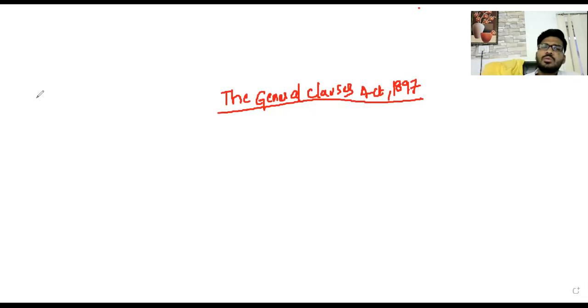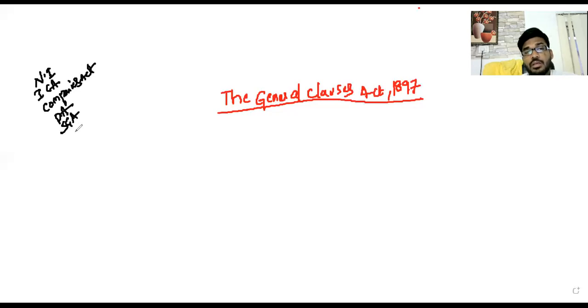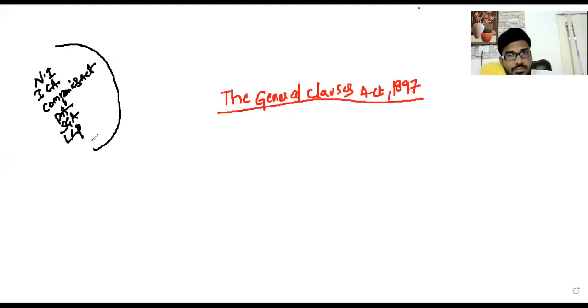We are discussing so many acts. We know about the Negotiable Instruments Act, Indian Contract Act, Companies Act, Partnership Act, Sale of Goods Act, Limited Liability Partnership Act. Like that, we know about a lot of acts.